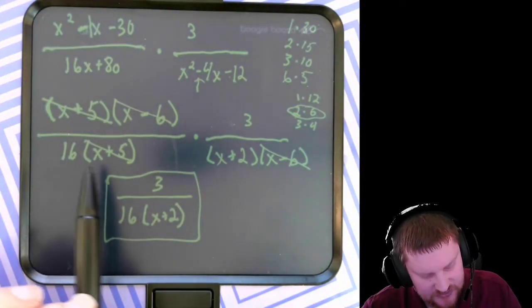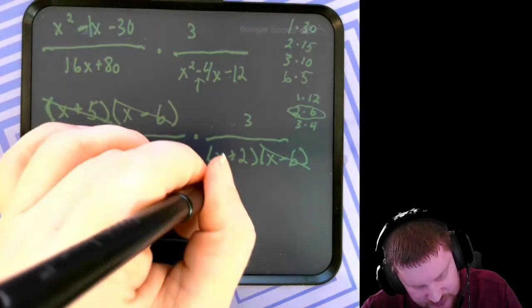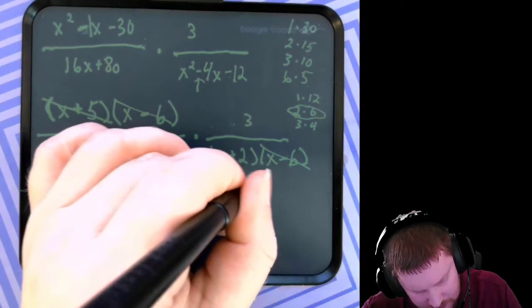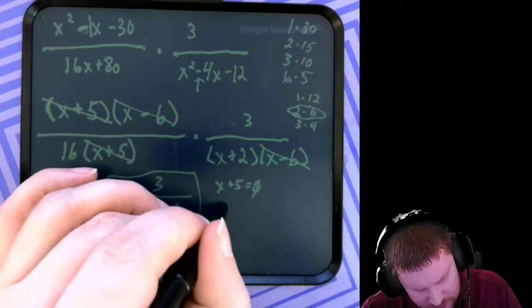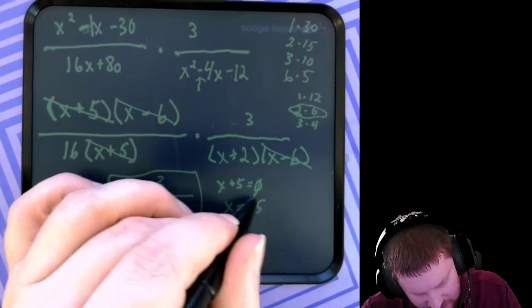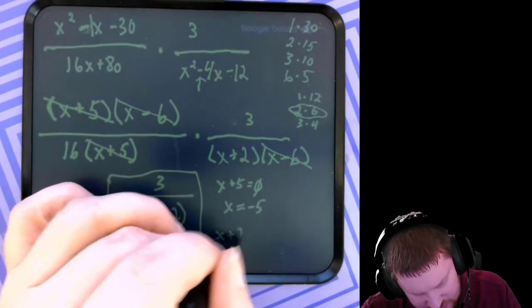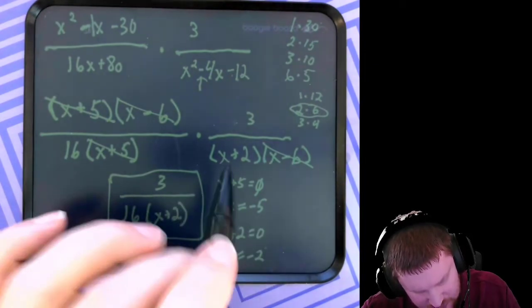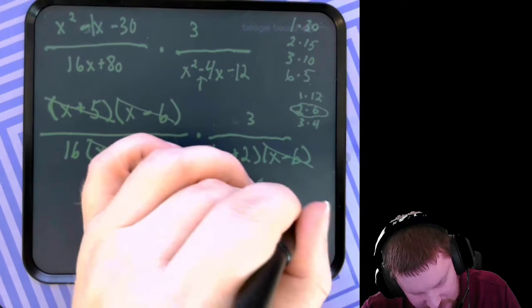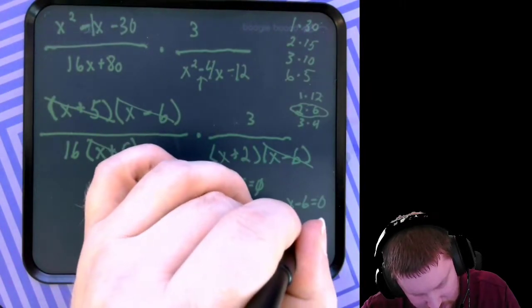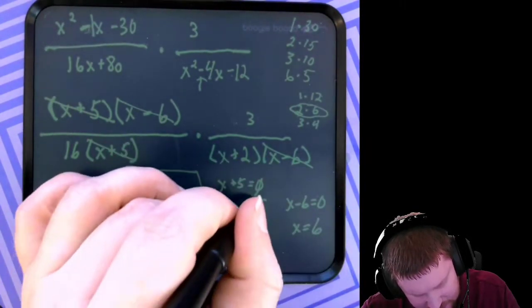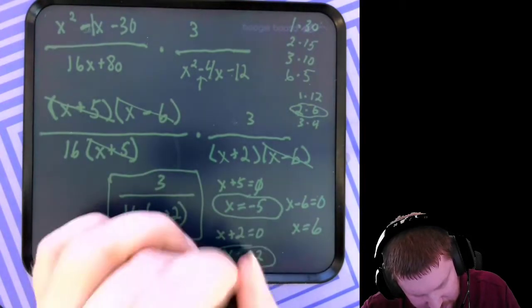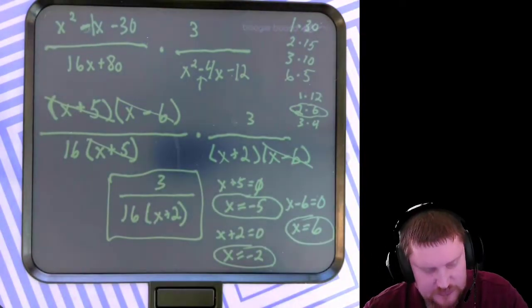However, going back to this stage, x plus 5 equals 0, which means x equals negative 5. x plus 2 equals 0, which means x equals negative 2. And x minus 6 equals 0, which means x equals 6. So these are my 3 excluded values.